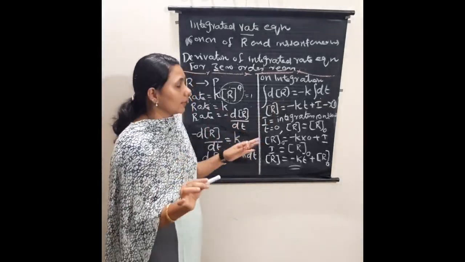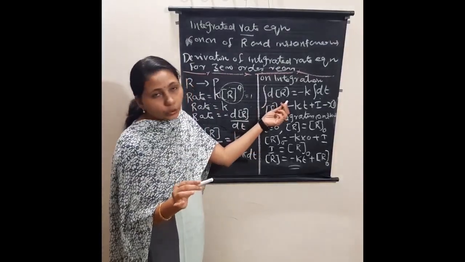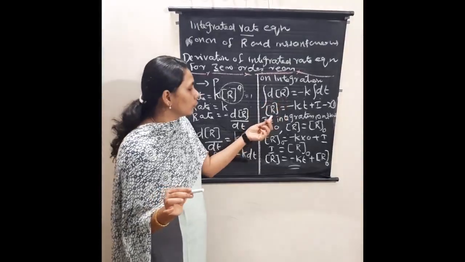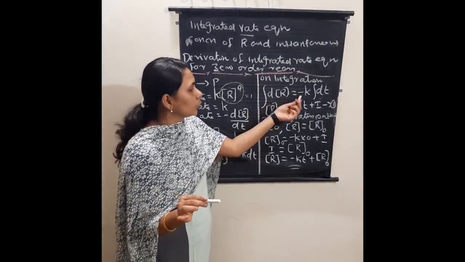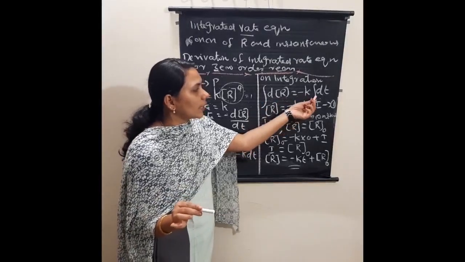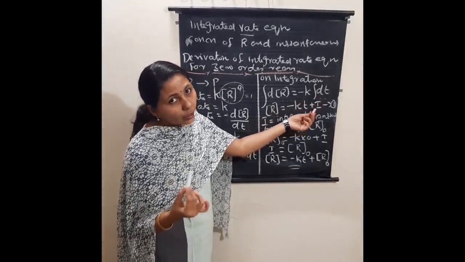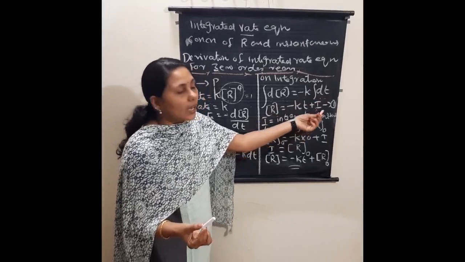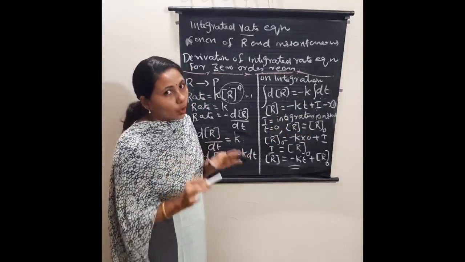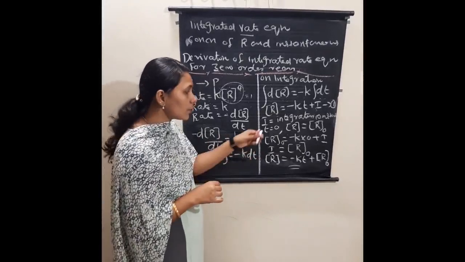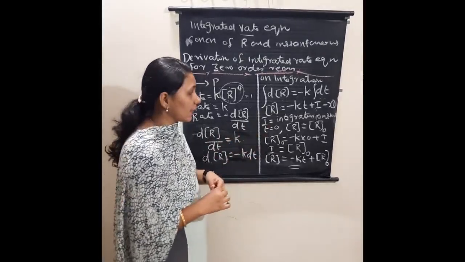So the integral of d[R] equals [R], and minus K into the integral of dt gives t, plus I. I is the integration constant. So we have to calculate the integration constant.